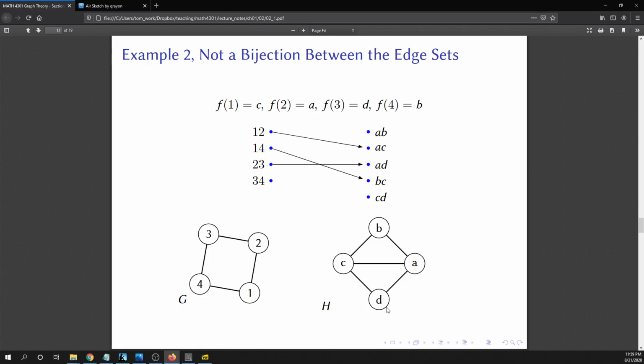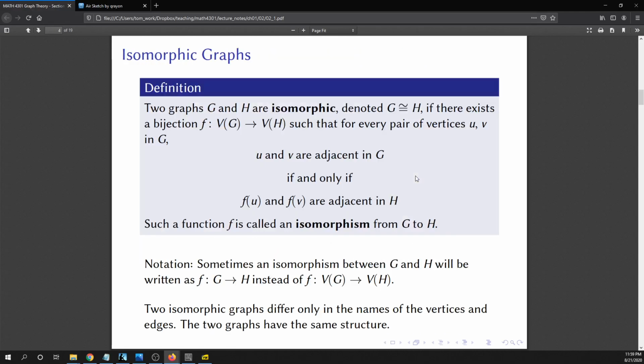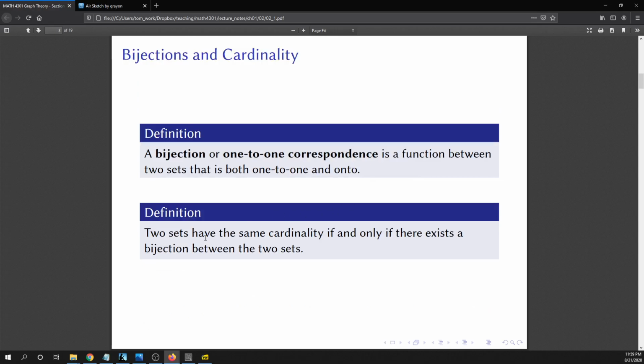All right, and right there, you really don't have to look at this much to know, hey, there's no way that there could be a bijection between this set and this set. That's just never going to happen because, going back to this fact up here, two sets have the same cardinality if and only if there exists a bijection between the two sets.